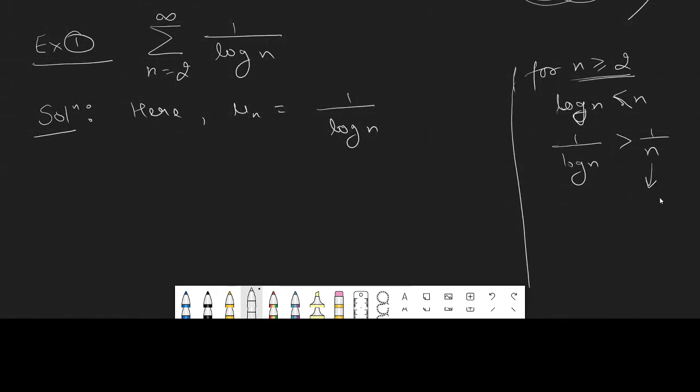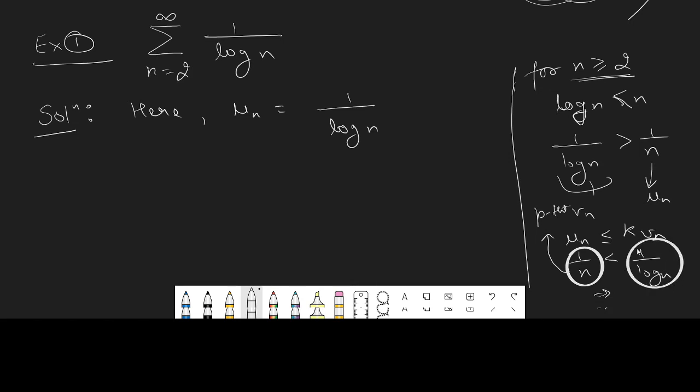According to the test, un is less than or equal to k vn, that is 1 by n is less than 1 by log n, and because 1 by n is divergent, as you know from the p-test, we can imply that this series is also divergent. This is the rough work, right?